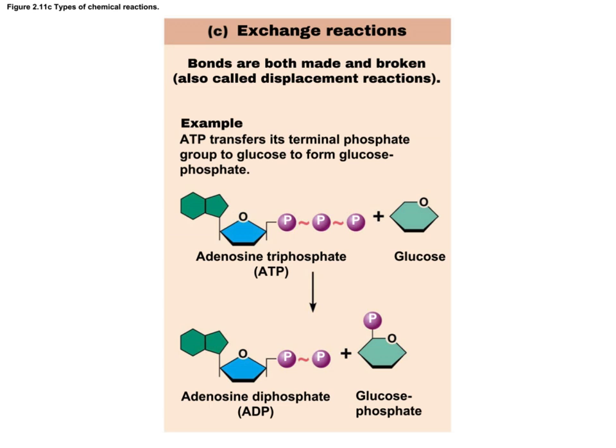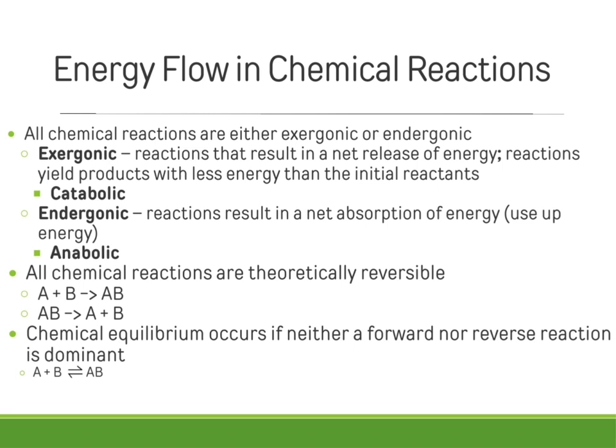An example of this in the human body is ATP and its breakdown, the break off of a phosphate from ATP and its addition to glucose, which allows for the oxidation of glucose and helps us power cells and their metabolism.